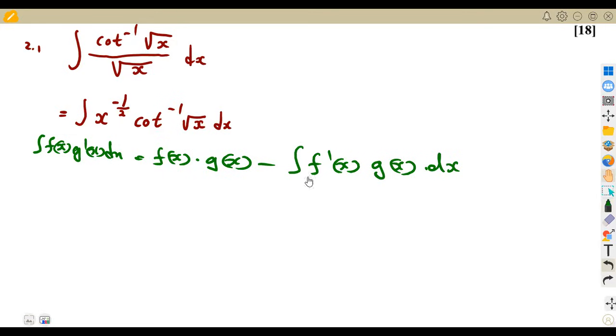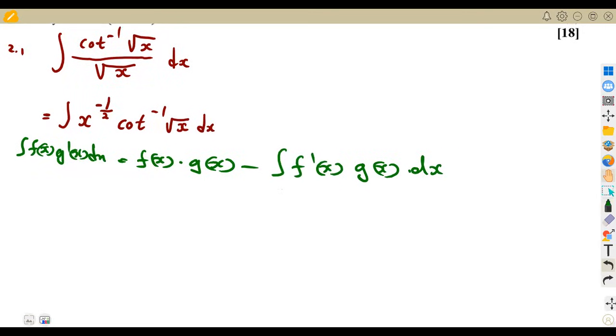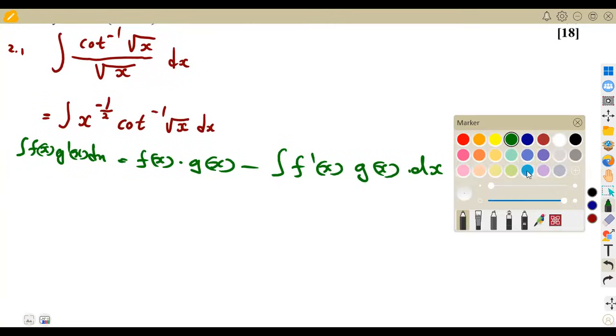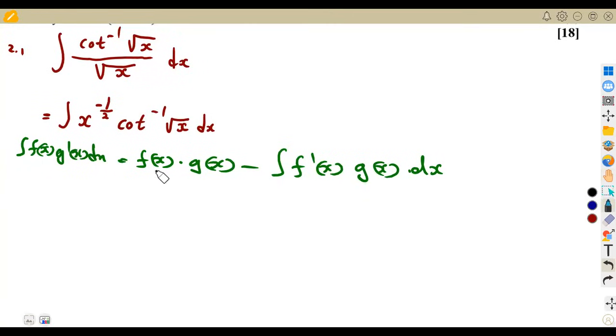As we can see from our formula, we need to determine what our f of x is, the part we can differentiate, avoiding by all means integrating arc cot because we can't integrate that directly. So we choose that to be our f of x because we can differentiate arc cot.